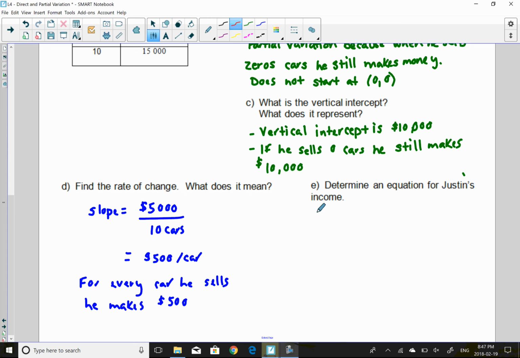So going back to Justin's salary equation or income, his income is always going to be how much he makes. He starts at 10,000 plus he makes $500 per car times the number of cars.